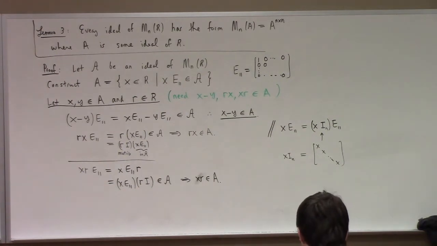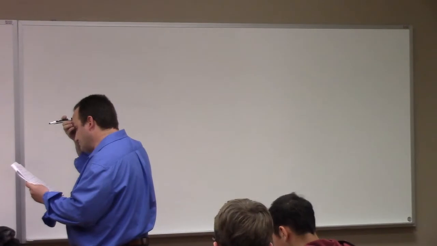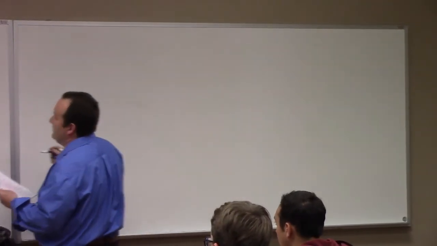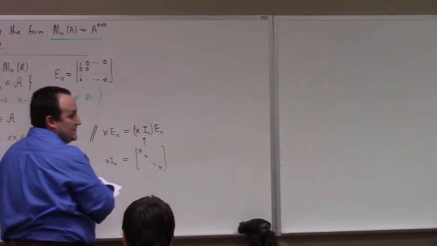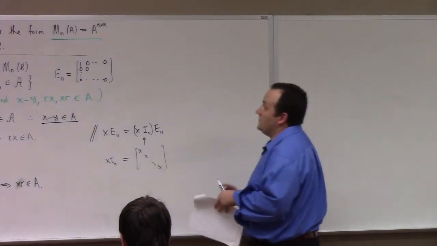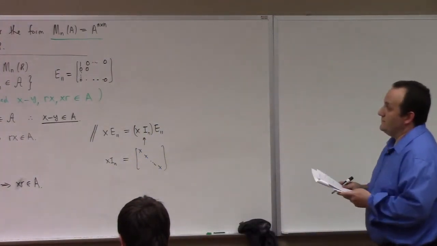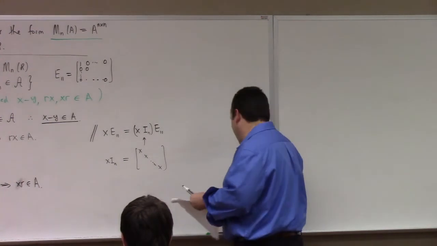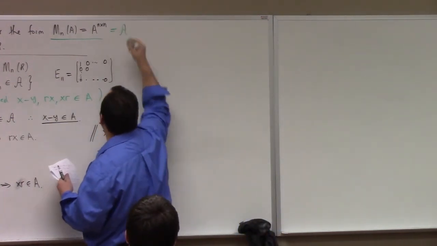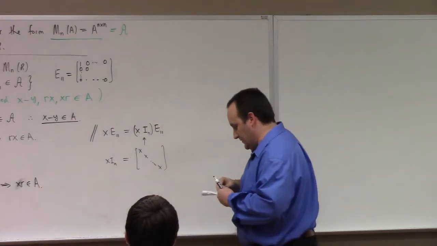Okay, so what remains to do? We've got this ideal, but now we need to show that it is in fact the case, that it is actually equal to my script A. That's what we want to do.